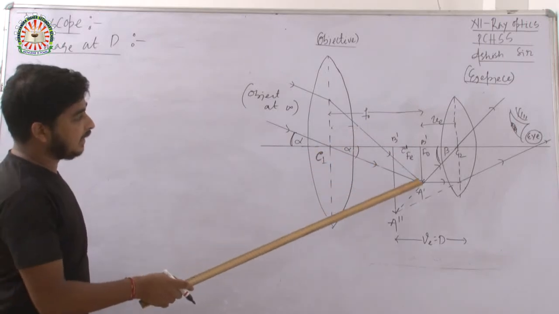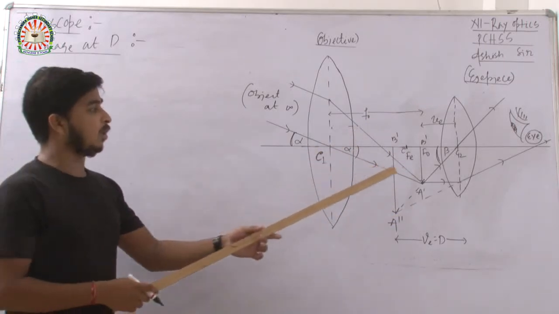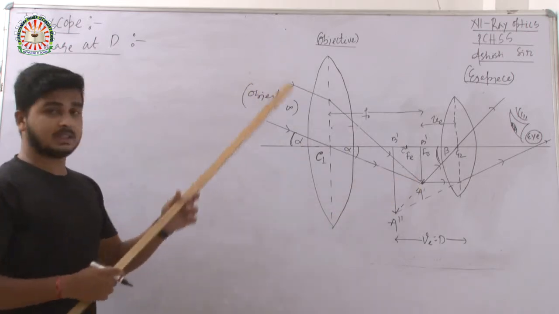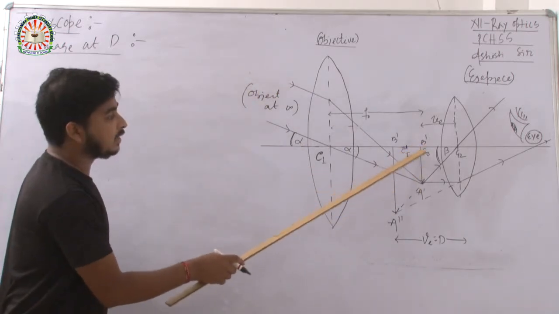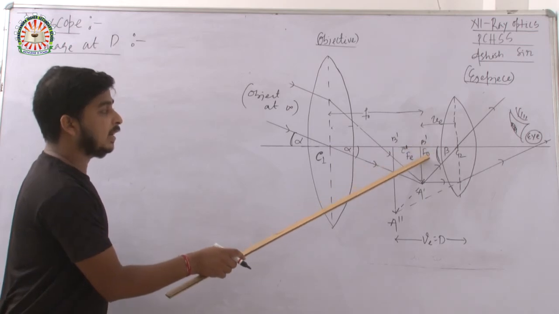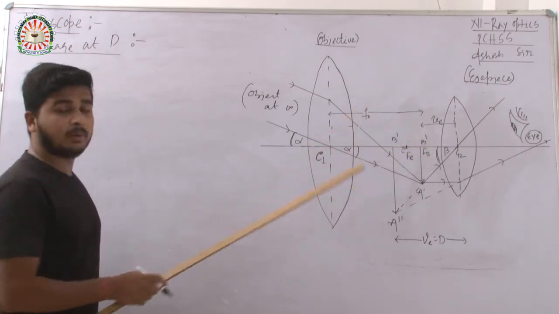We intentionally take such type of rays so that it forms an image A'B' at the focal plane of the objective. A'B' is formed at the focal plane of the objective, and this is FO.